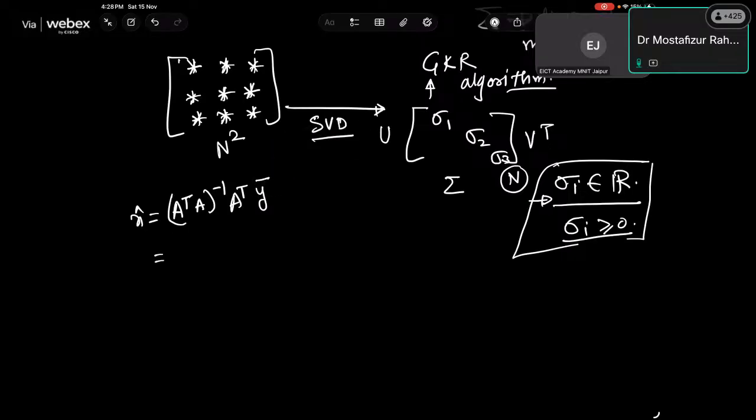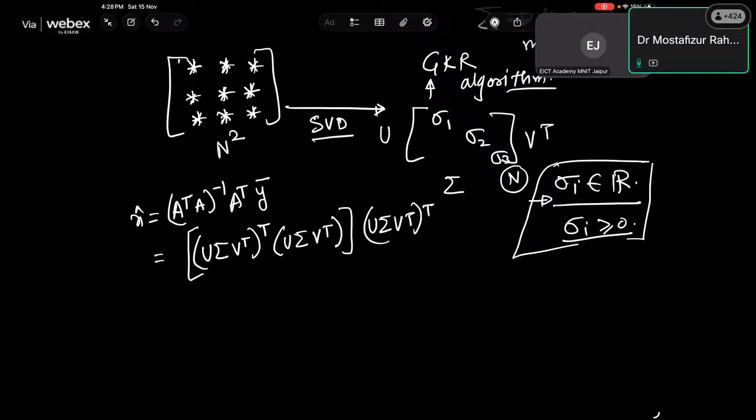So for example, A is your U sigma V transpose, whole transpose, right? Then A is U sigma V transpose, then you have U sigma V transpose whole transpose, right? And Y bar. Can someone simplify these things and let me know the answer?